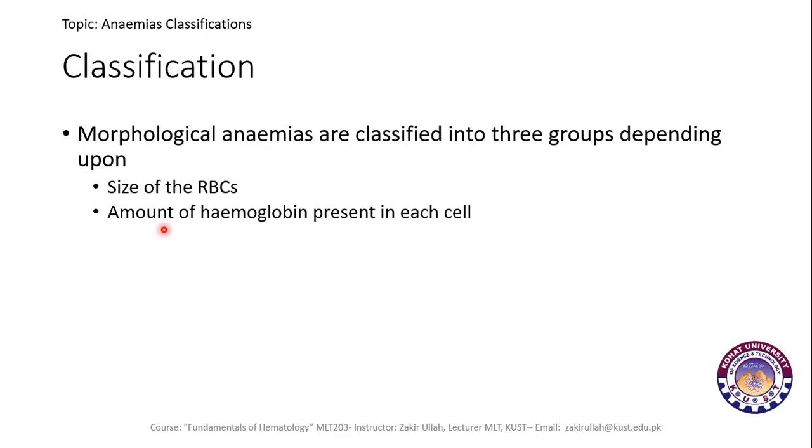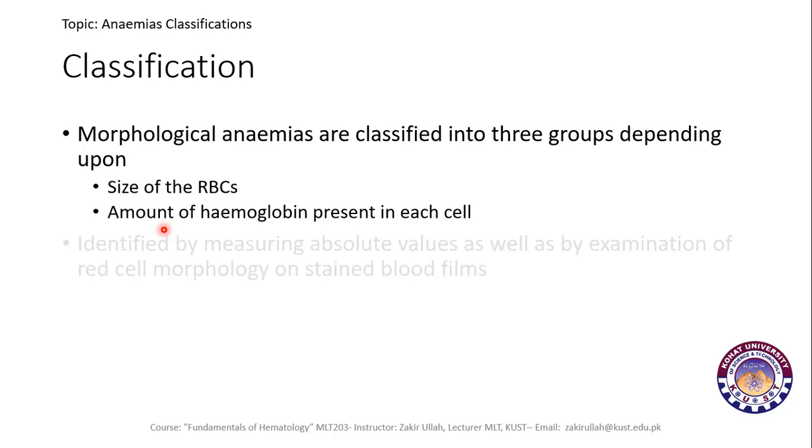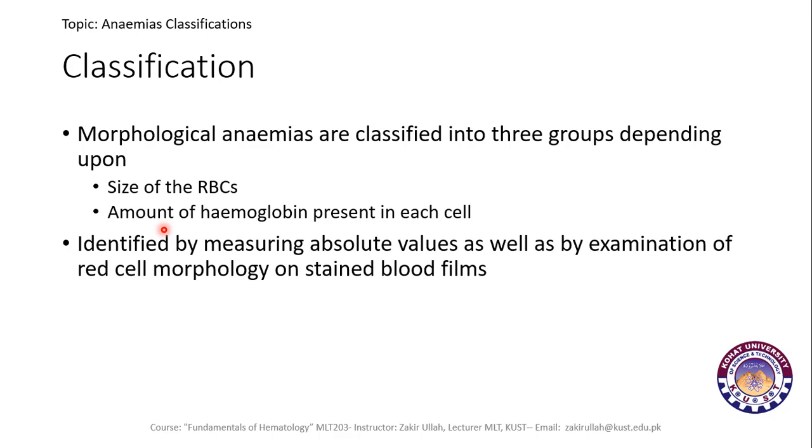On the basis of these two morphological properties, anemia is divided into three different groups, and this can be identified by measuring the absolute values, which include mean cell hemoglobin (MCH), MCV, MCHC and PCV, by examination of cell morphology or the stained blood films.